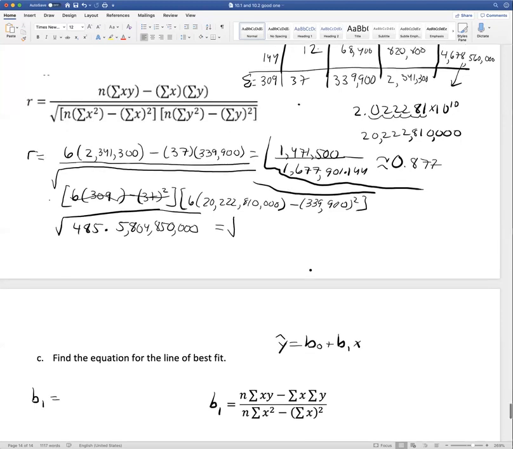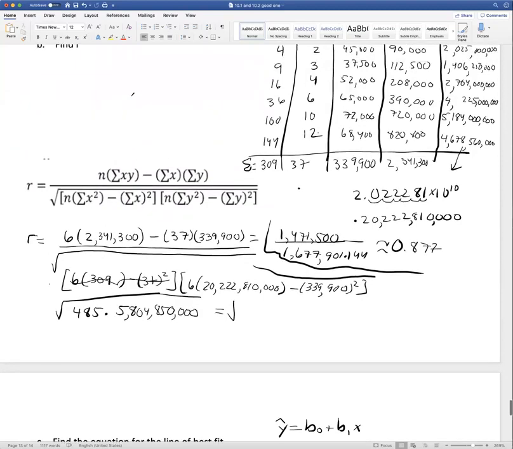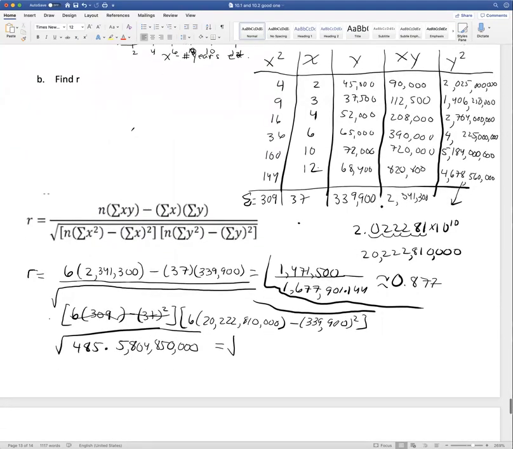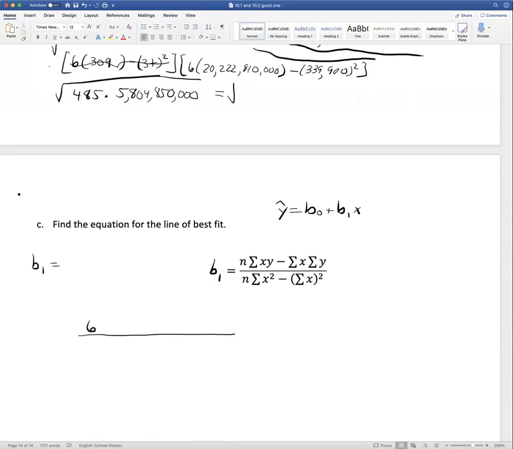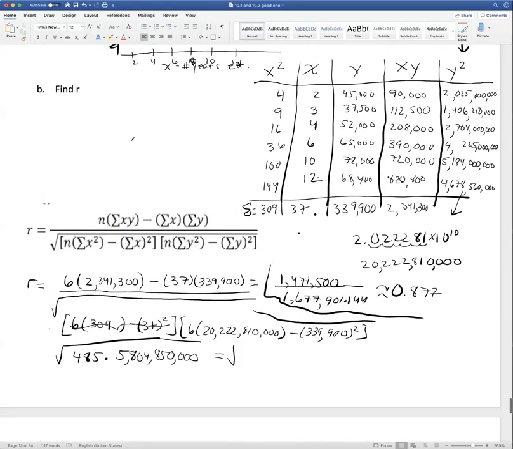So n times sum xy, so 6 times, and here are the values over here, sum xy, 2,341,300, minus sum x times sum y. Sum x, right here, the sum of our x's, is 37.